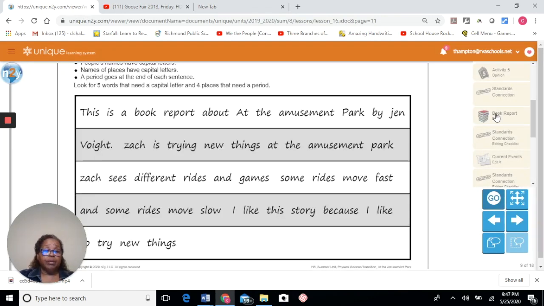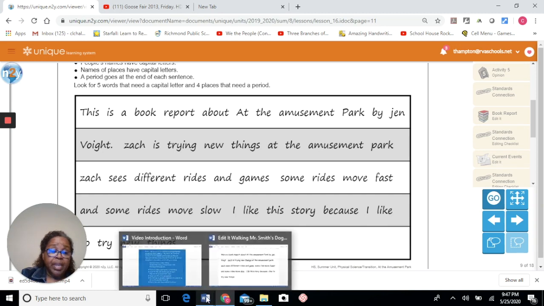a book report. This is the book report, and we'll be doing the same thing. We'll be editing for capitalization, punctuation, and spelling. And this document will have a few more spelling errors, so we have to watch out for that. And again, I have typed this document into a Word document so that I can manipulate it a little bit better and make our editing changes.